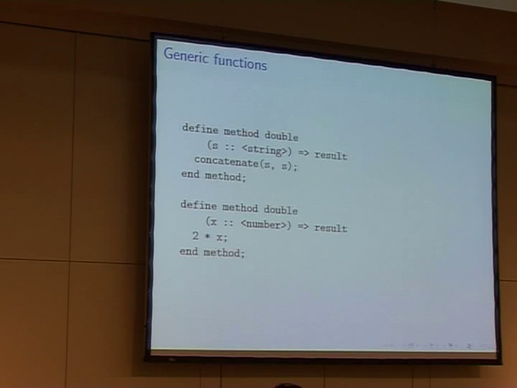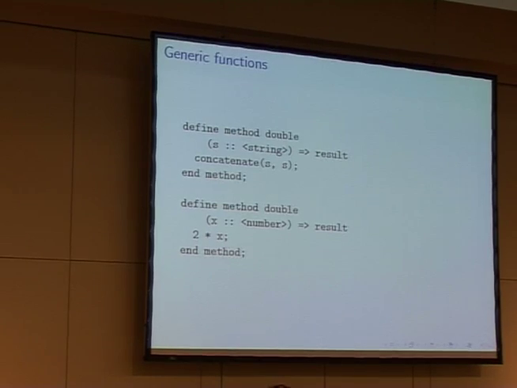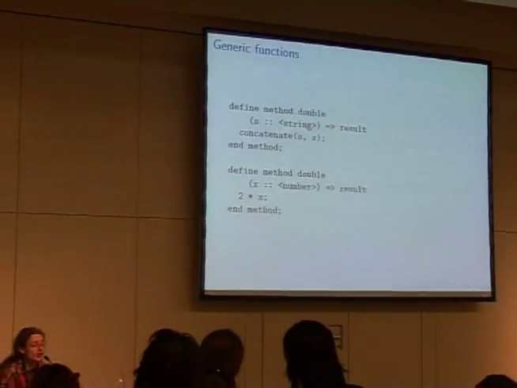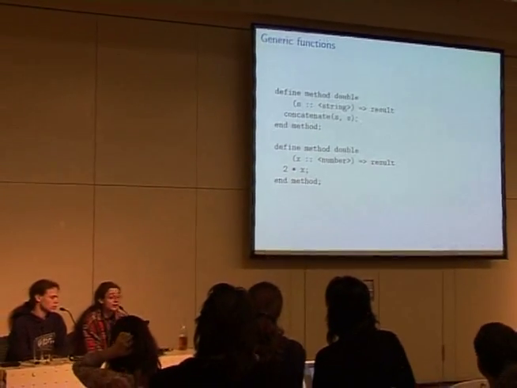So that's a very simple example because you only have one parameter that's passed to the method double. It can either be a string or a number. And depending on whether I pass a string or a number to a function called double, one of the two methods is called.